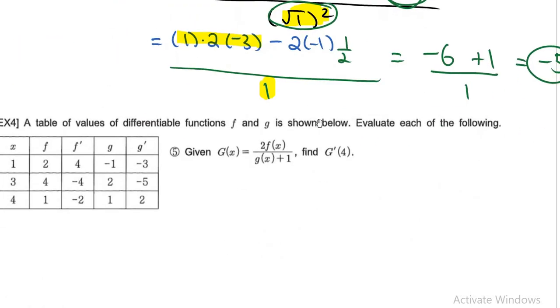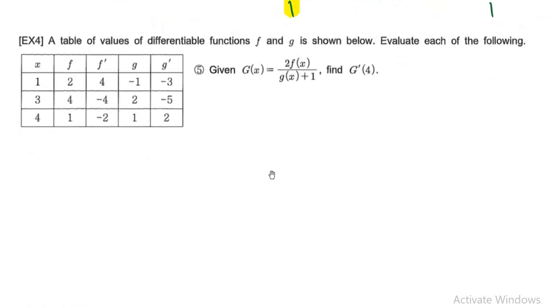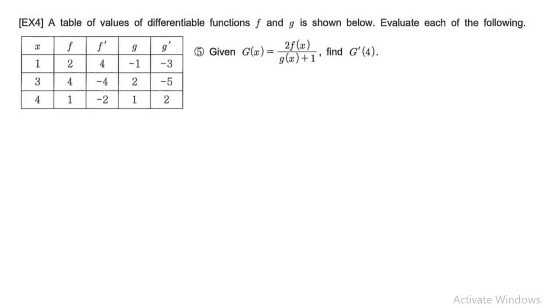Okay, let's move on. Now we're moving on to question number 5. So we're given another fraction. So I need to find its derivative. Okay, so let's just continue to move forward here. The bottom is g of x plus 1. So I'll put that in a bracket here. Times the derivative of the numerator. So 2 times f of x.